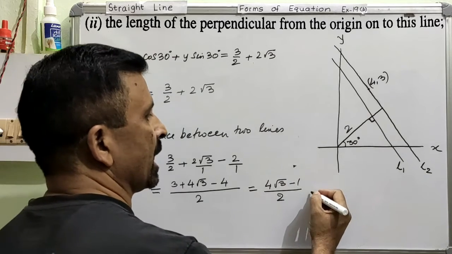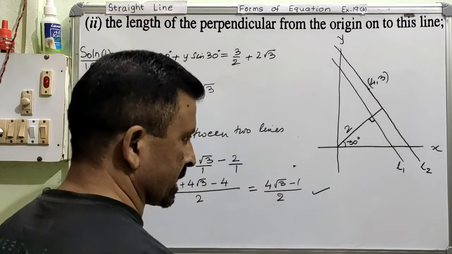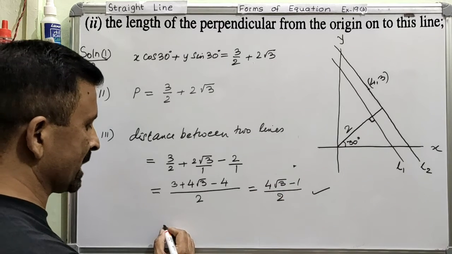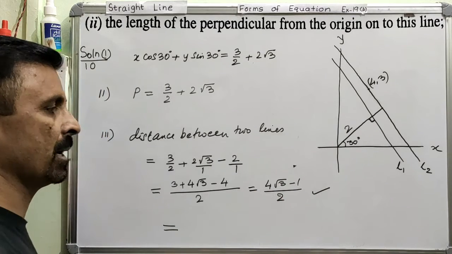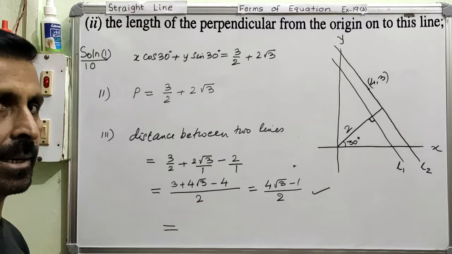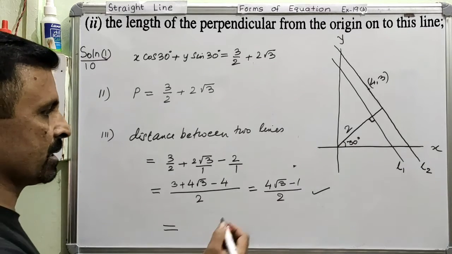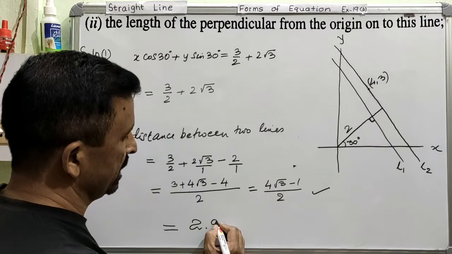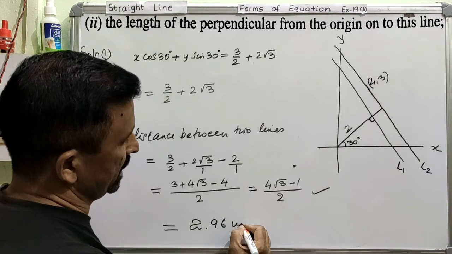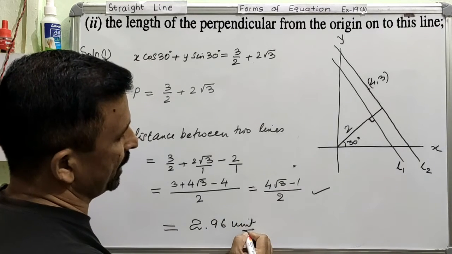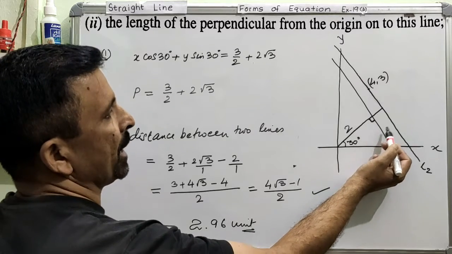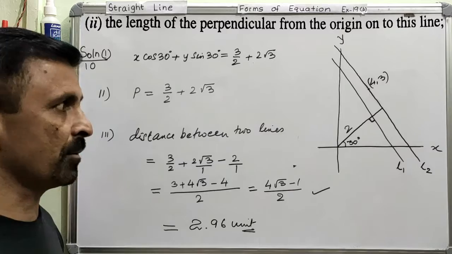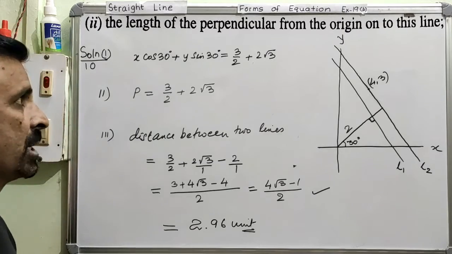You can leave the answer at this stage, or if you want the exact figure in decimal, you can use the calculator. When you calculate, your answer finally will come as 2.96 units. And this is the perpendicular distance between the two parallel lines. Hope I could make you very clear. This is the end of question number 10.